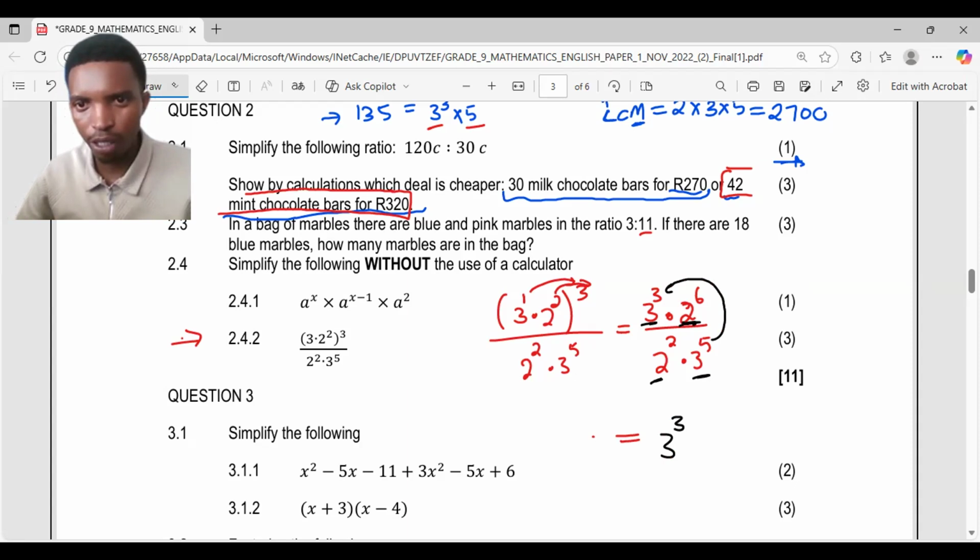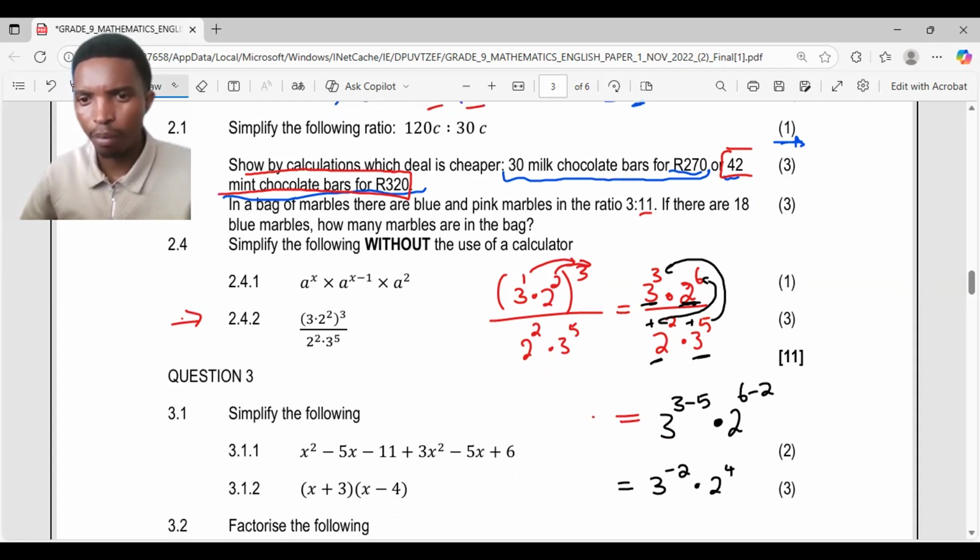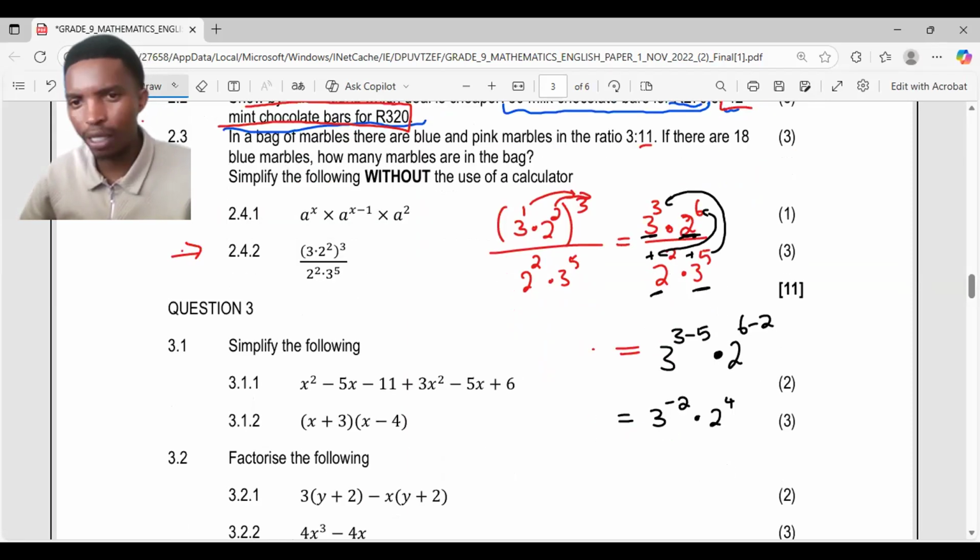So now finally, we're going to have 3 exponent of 3. Remember, you take the 1 here and put it there. If it was positive, like it is now, it's going to be negative. Then multiplied by 2 exponent of 6. We take this one as well and write it there. It was positive, it's also going to be negative. So now our answer is going to have 3 exponent of negative 2 times 2 exponent of 4. But we can't leave this answer with a negative exponent.